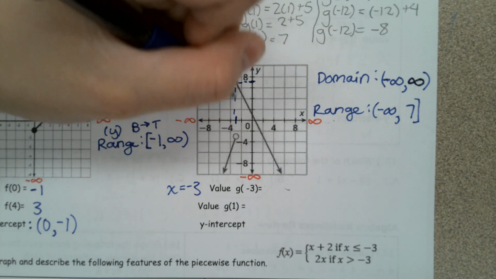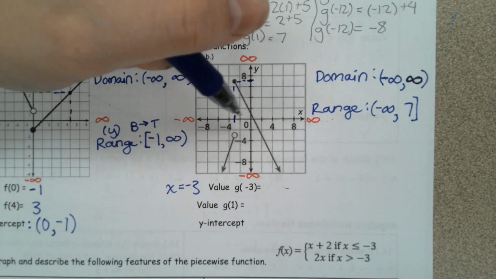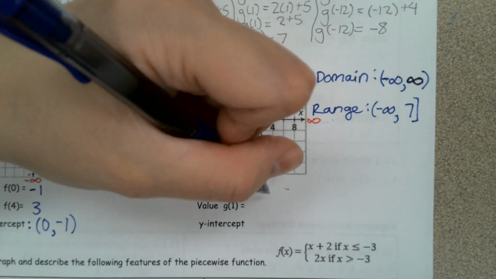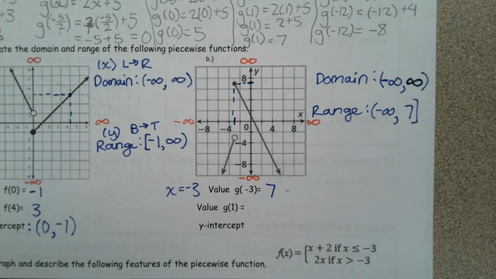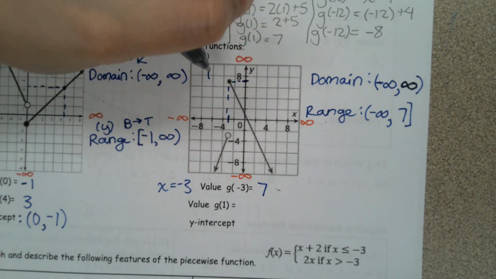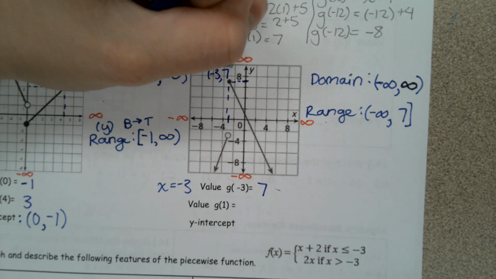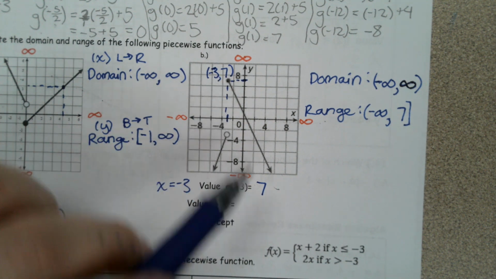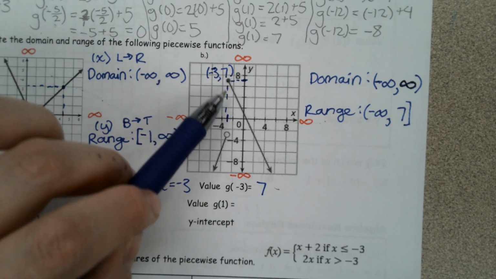This point is at 7. So when x is -3, the graph tells me that the answer is 7. And just to clarify, because this is the point -3, 7 on the graph. So when x is -3, g of x, or y, is 7.